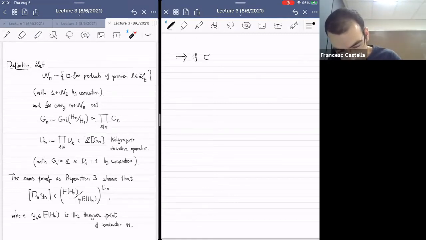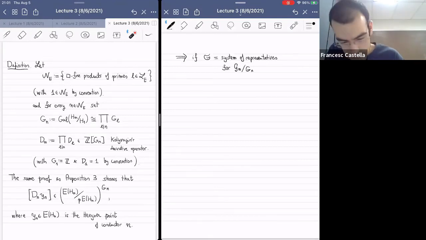If I let script S be a system of representatives for calligraphic Gn over Gn, I'm going to write a diagram in a second.